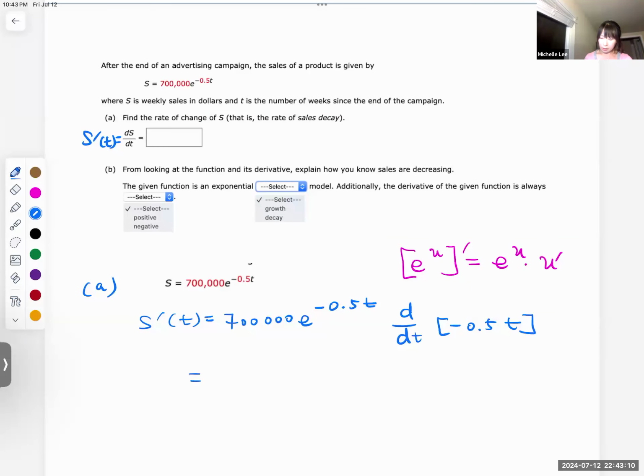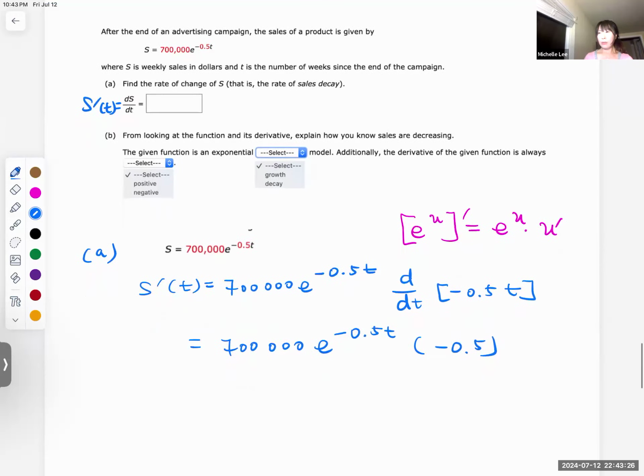Then we have 700,000 e to the negative 0.5t, and we have a negative 0.5. If we calculate, we get negative $350,000 e to the negative 0.5t.